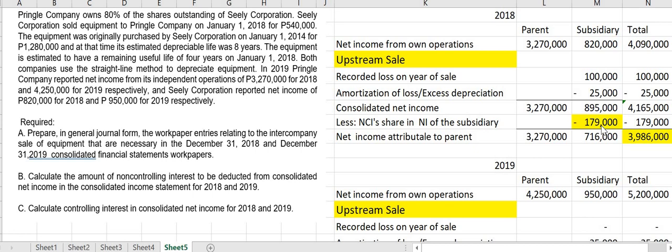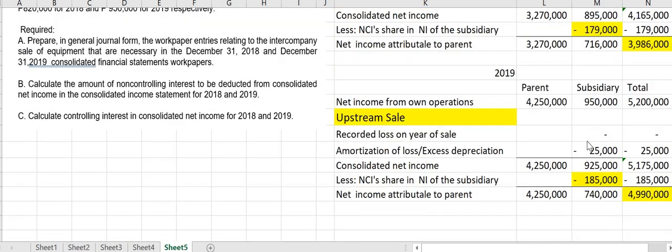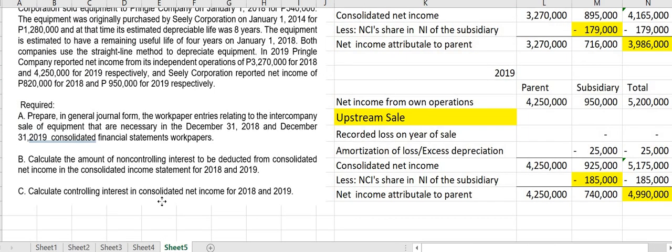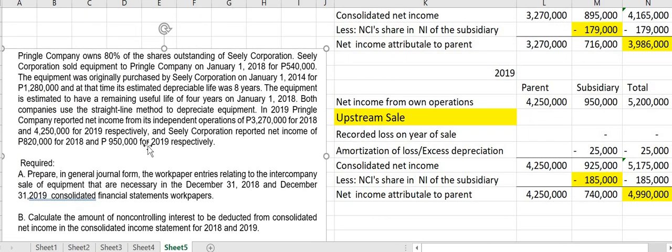And then, of course, we'll deduct the NCI share in the net income of the subsidiary, which is actually 895,000 times 20%, you have 179,000. So therefore, our net income attributable to parent is actually 3,986,000.